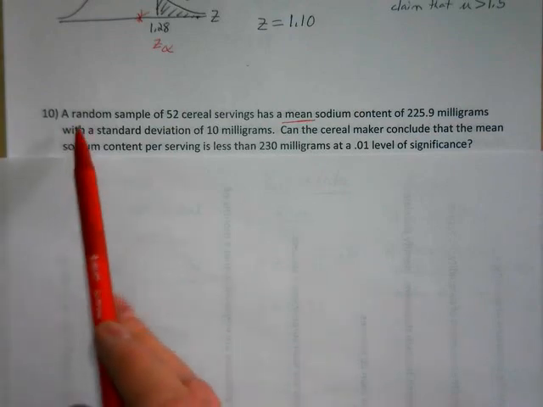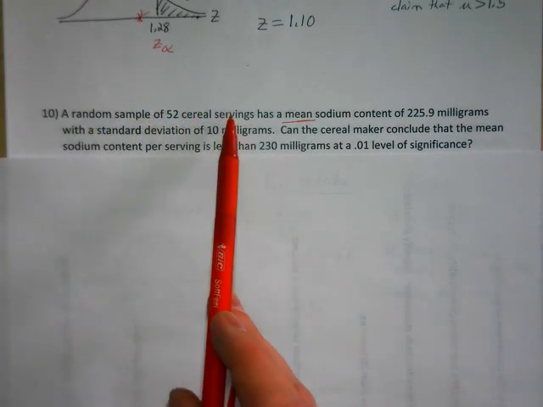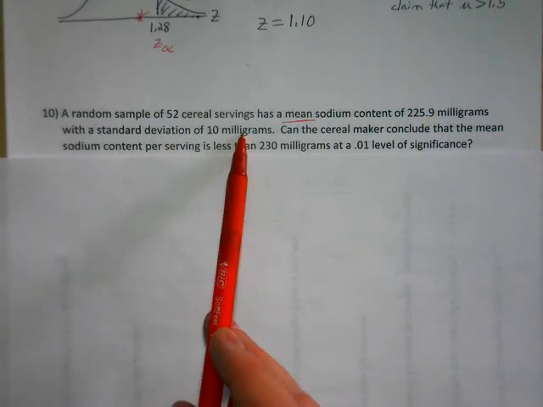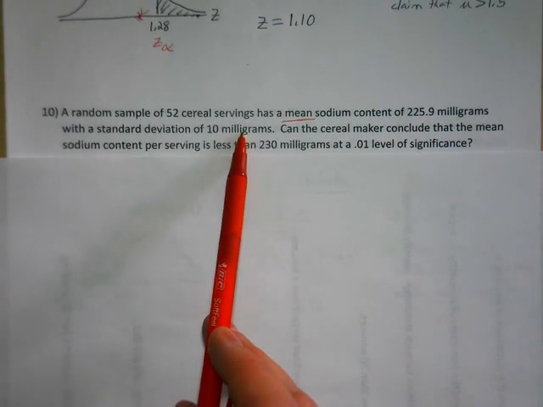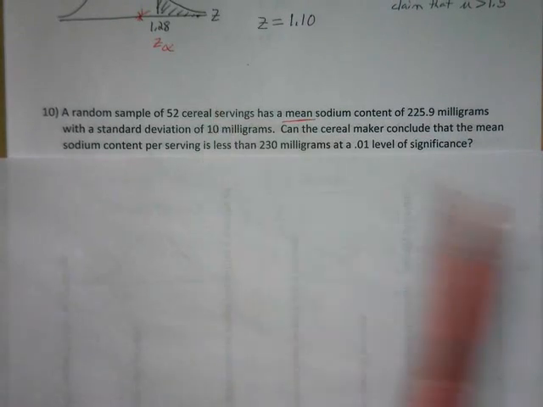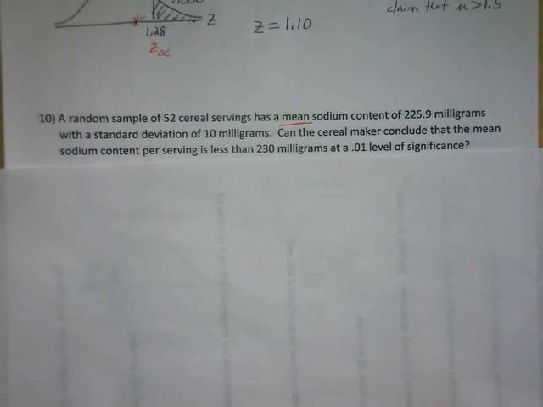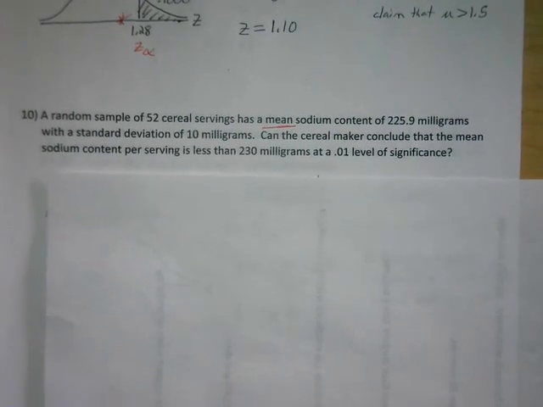They're saying they took this random sample of 52 cereal servings, had a mean of this much, and a standard deviation of this much. So that's referring to the sample. So that means that 10 milligrams is s, not sigma. And that tells us we're going to use T.